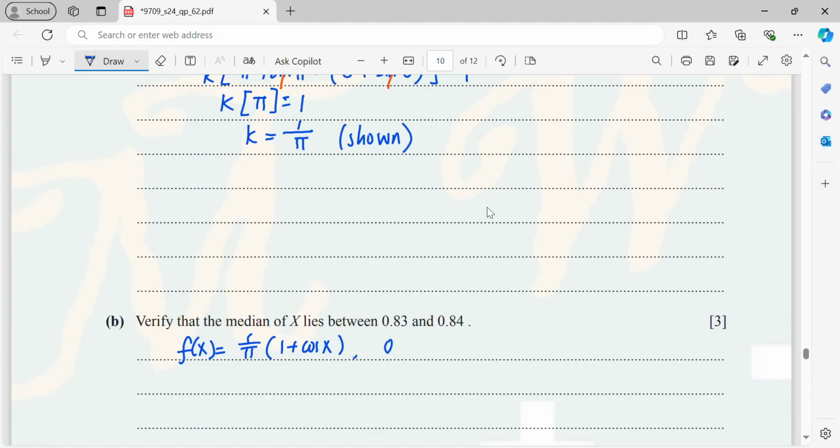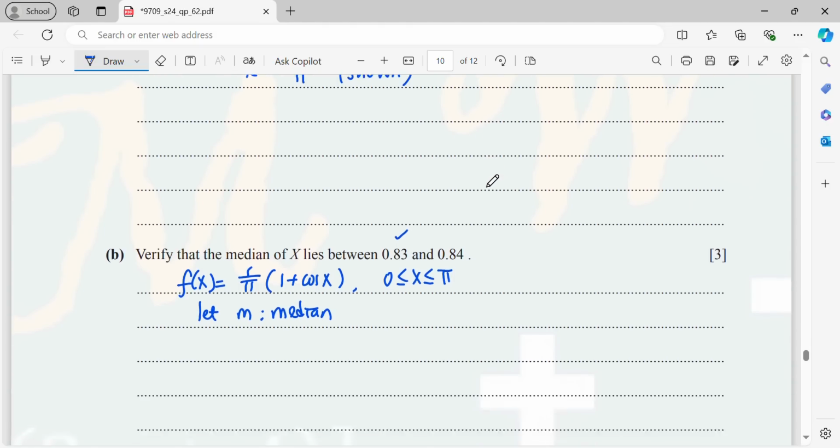And then my x is from 0 to pi. Now, we need to calculate the probability of x from 0 to 0.83, whether it's 0.5 or not. Because if median, the probability from the lowest to the median, it will be 0.5. Okay, so I let m be median.